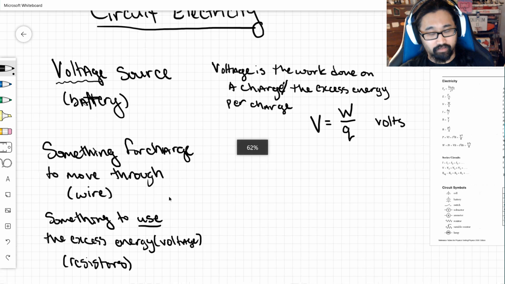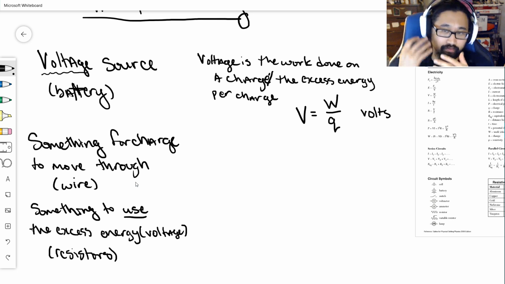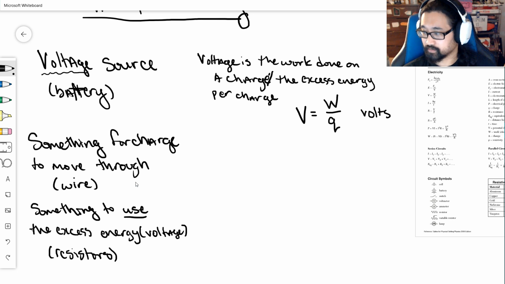The next piece, the charges have to move through a wire, right? As charges move through a wire, as they pass through, they have a certain speed at which they move. That speed, the rate of flow of charges as things go by you, is the current, right? So each circuit has a speed at which charges move, and that's the current.